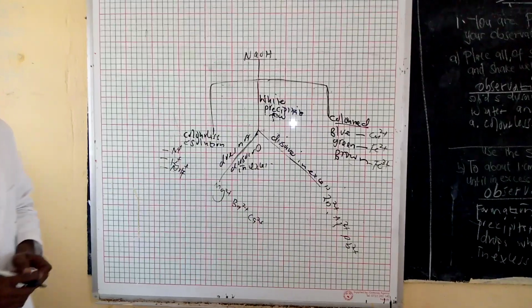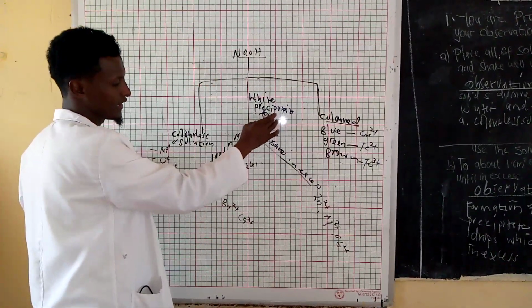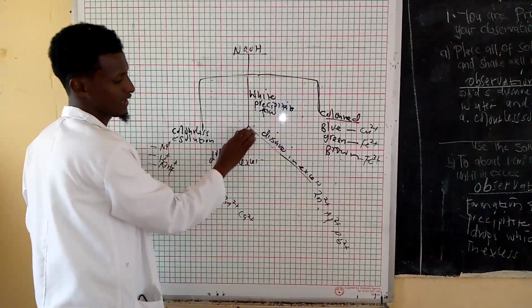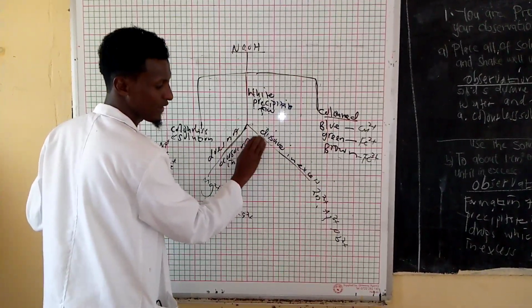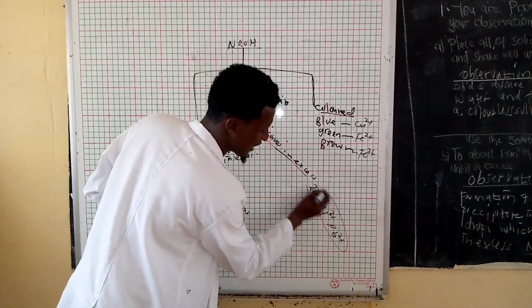So do you see now? Which category will we go to? From sodium hydroxide, we are up to here. Then the precipitate with sodium hydroxide dissolved in excess. So it means now these three are present.